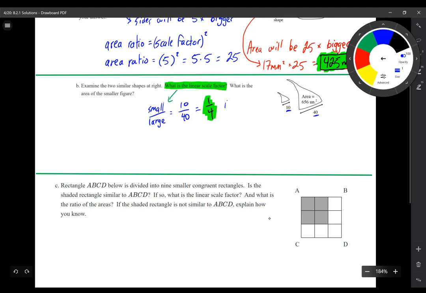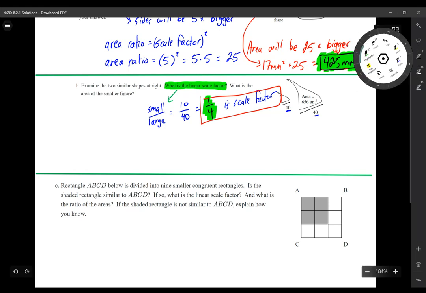And since we know that we have our scale factor, we can actually now find our area for that smaller shape. So the scale factor of 1/4, since the bigger shape is 4 times larger than the smaller shape, that actually means that our area ratio, so we'll come over here for our area ratio.